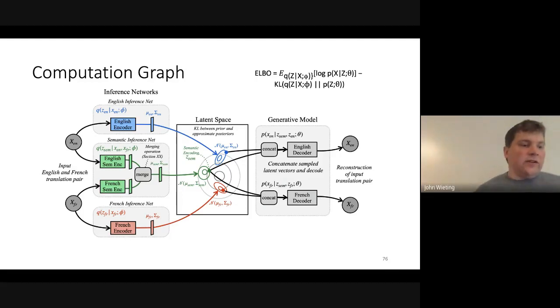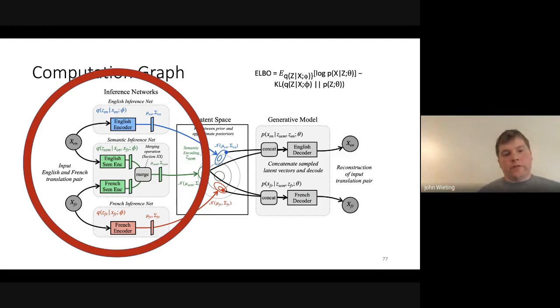So if information is shared by both the English sentence and the French sentence, it's cheaper from the KL perspective to put it into the shared semantic encoder, because you only pay the KL term penalty once. But if you put that information that's replicated in both sentences into their respective language-specific encoders, then you pay the penalty twice. So this is how you're trying to motivate this disentanglement to happen.